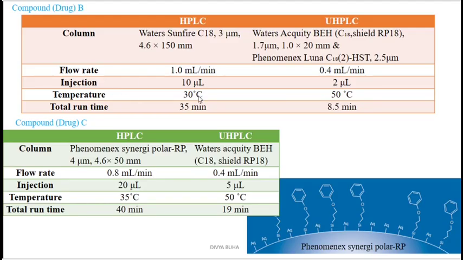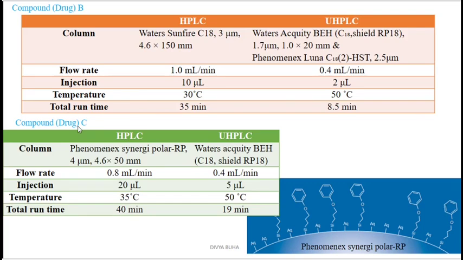And the temperature is 30 degrees Celsius for HPLC and 50 degrees Celsius for UHPLC. Temperature would be slightly higher for UHPLC analysis. Runtime is 35 minutes and over here it is 8.5 minutes. So you can see that the analysis could be completed faster. The analysis would be speedier in UHPLC as compared to HPLC, with higher resolution.